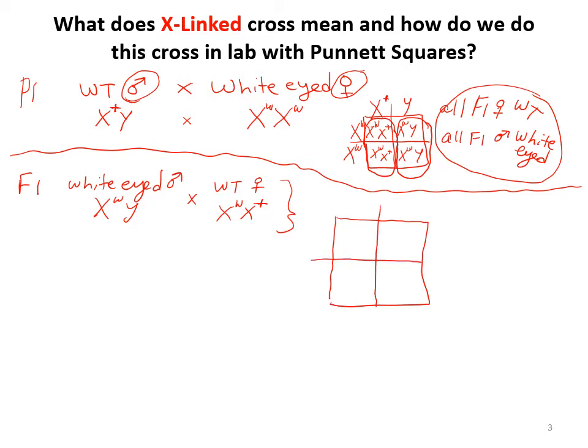We put one parent on the top portion, so our males are XW with a Y chromosome, and the female F1 parents are XW with an X plus. So those are their gametes that they can make, and then we just fill it in the center as we always would, matching up which alleles go into that square. Okay, XW, X plus from one parent, and a Y chromosome from the other parent. Okay, so we filled in all of these.